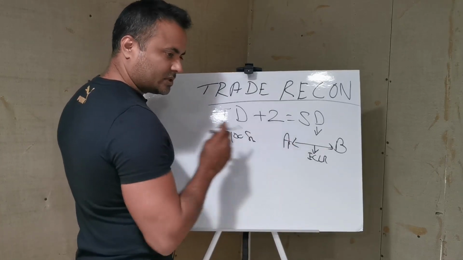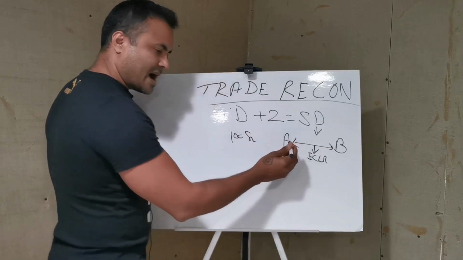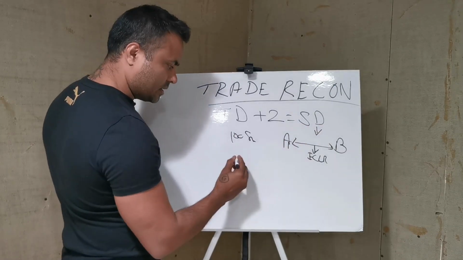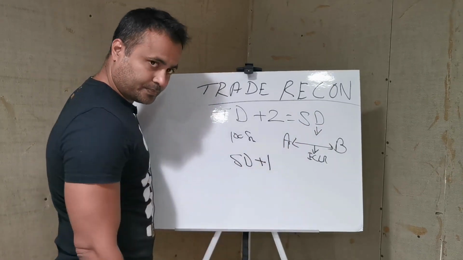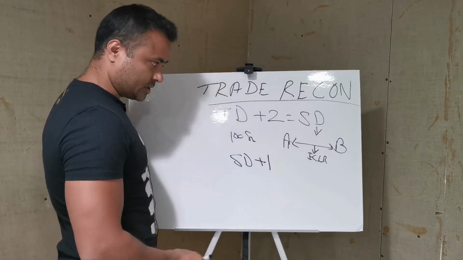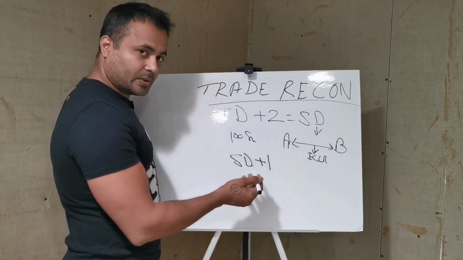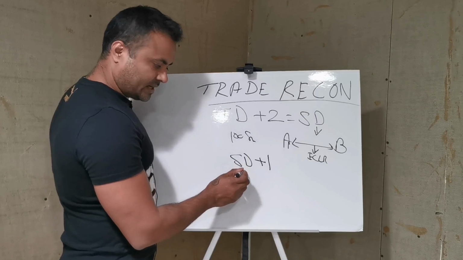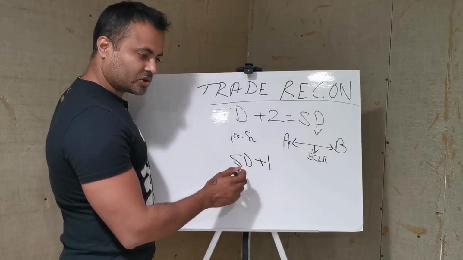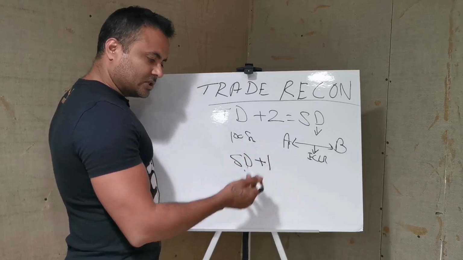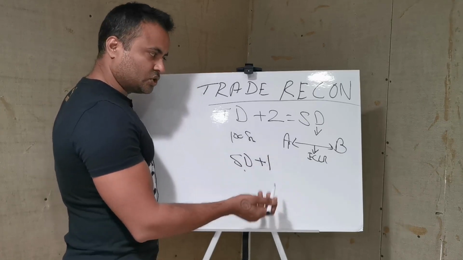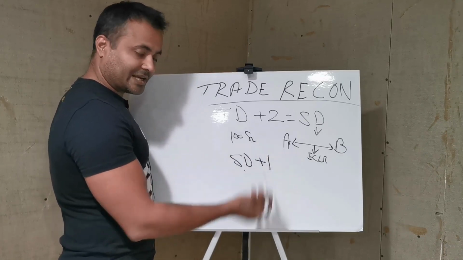For A, which is me, my reconciliation will start on SD plus 1. It's very important to understand why SD plus 1. On the settlement date, whatever trade was settled, the ledger and the statement which you will get will come the next day.